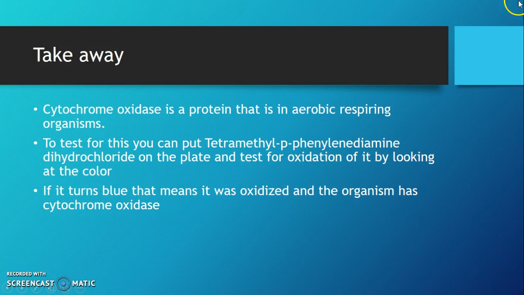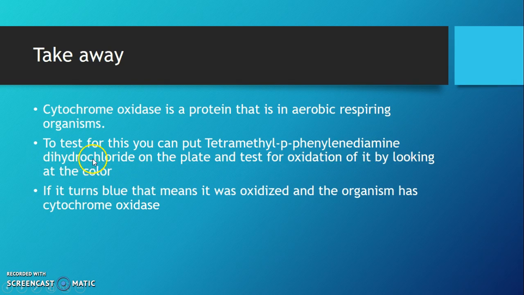So it's a relatively straightforward experiment if you understand oxidation reduction and the electron transport chain. If not, you're going to have to take a look at it a little bit more. But the big takeaways here are that cytochrome oxidase is a protein found in aerobic or aspiring organisms. You can test for it with tetramethyl-p-phenylenediamine dihydrochloride.